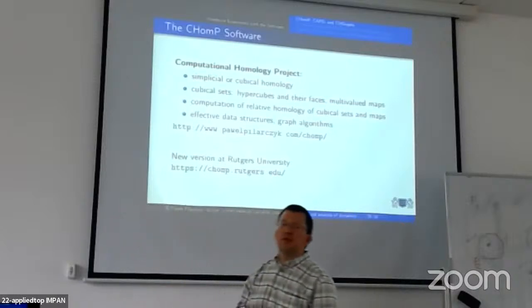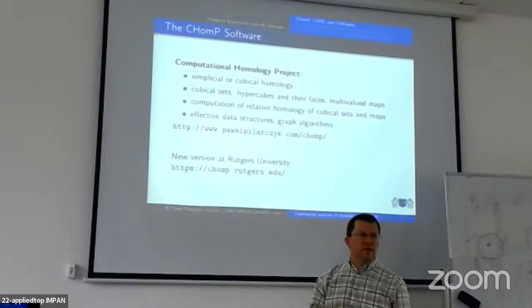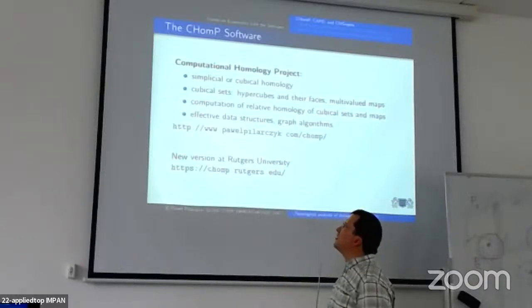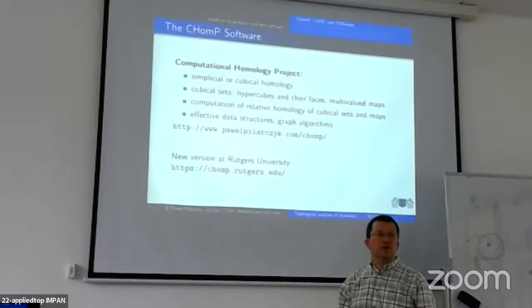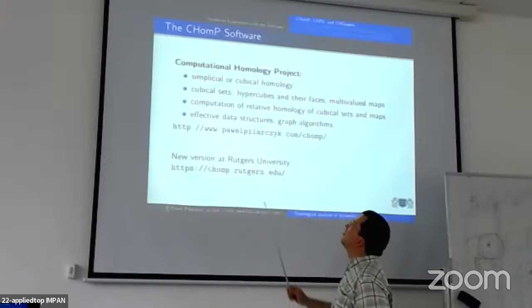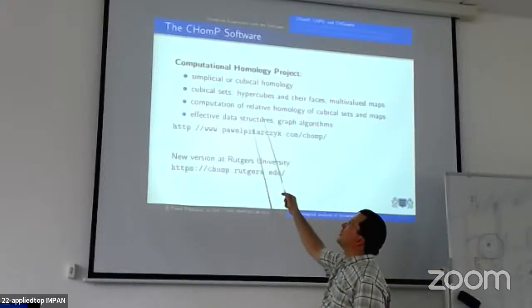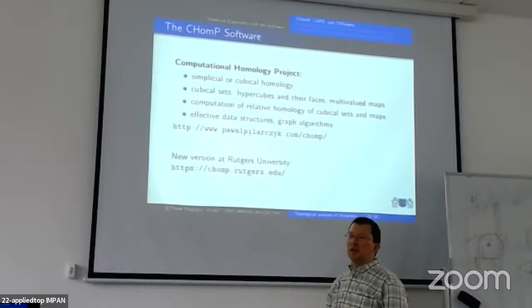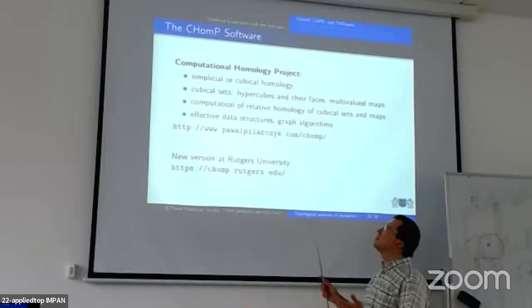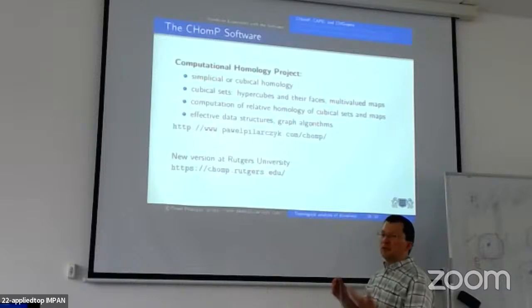So first, I'm going to introduce the software libraries that are used in this project. The Computational Homology project contains software written in C++ with a lot of optimization for cubical sets, for this kind of dynamical applications. There is Cubical Homology and also Simplicial Homology as a byproduct implemented. The Cubical Homology is where we build spaces of squares, rectangles, cubes, and hypercubes instead of using simplices.